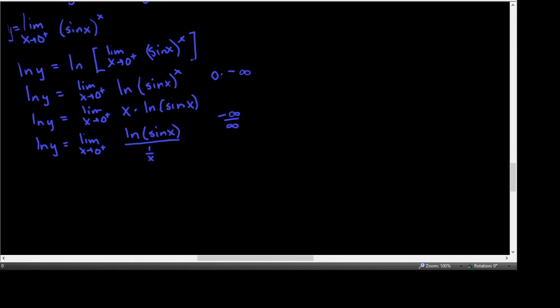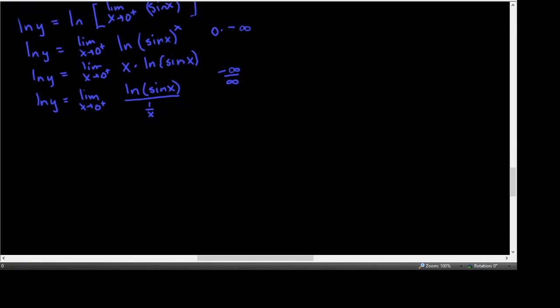Like I said earlier, infinity over infinity, any of those infinities can be negative or positive in any combination. So this is perfectly valid for saying I'm going to use L'Hopital's rule. Because it's infinity over infinity, well, one of them's negative, but that's okay. That means that L'Hopital's rule may be used.